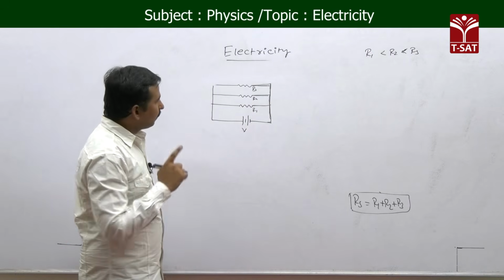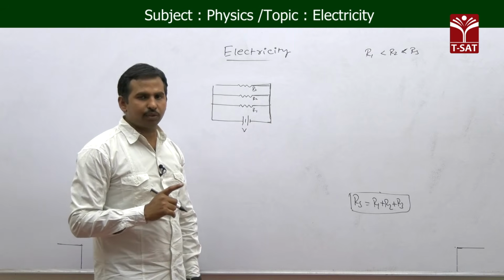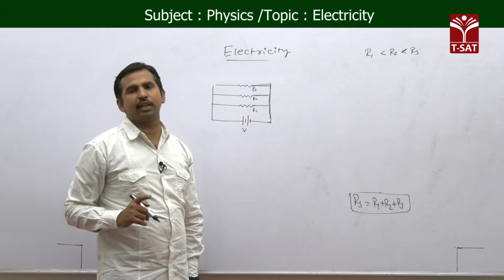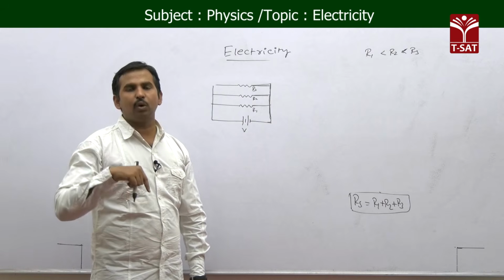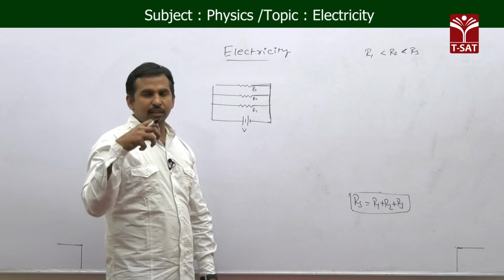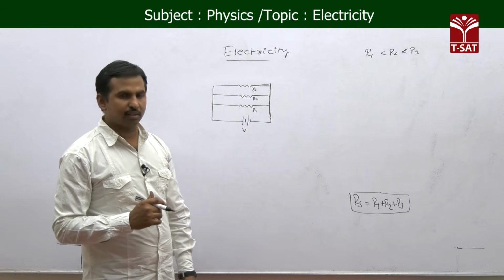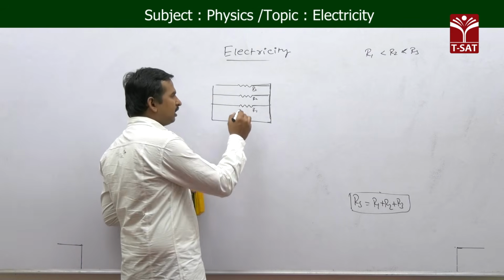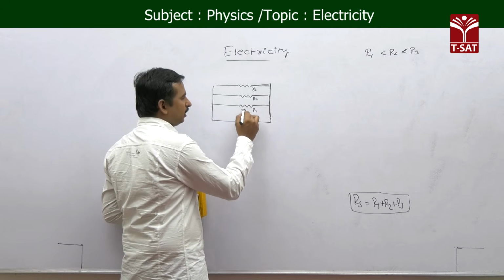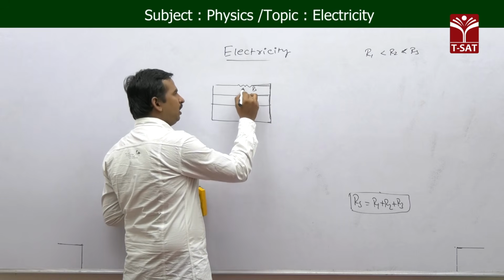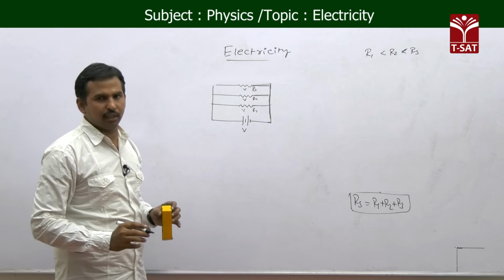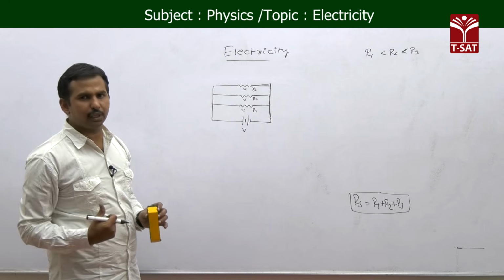So whenever resistances are connected in parallel, whatever voltage we have connected to the battery, the same potential difference is maintained throughout those resistances. So the potential difference at R1 is V, R2 also V, R3 also V. The same voltage is present there.